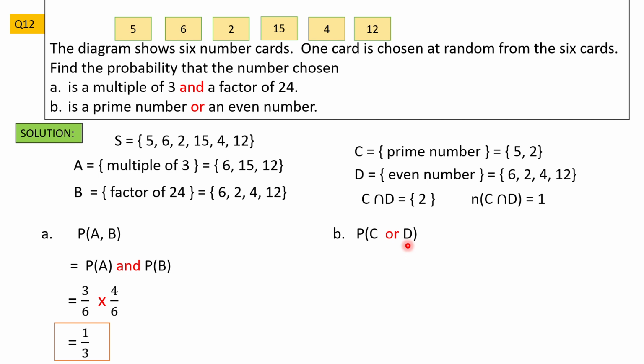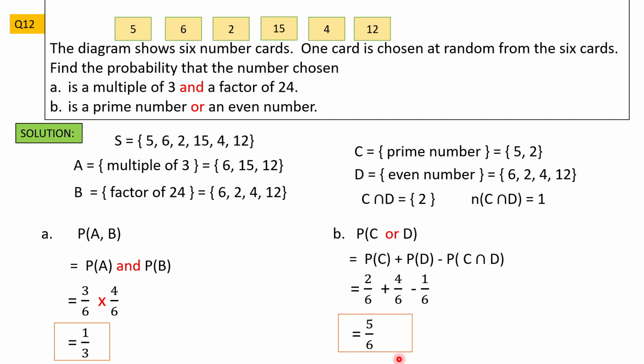So you can write the expression as P for probability in brackets, event C or D. The formula will be probability C plus probability D minus probability of the intersection between C and D. Probability C we have 2 out of 6 plus probability D, set D we have 4 elements, so 4 out of 6, minus the intersection between C and D, we have only 1 element, so 1 over 6. Simplify and you will get the answer.